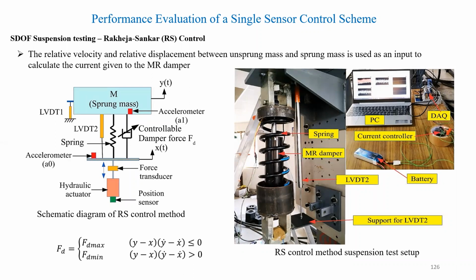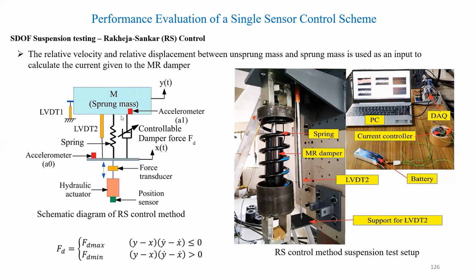But here, it is just like your two-wheeler, because it also has a spring and then this damper, and only this damper they have controlled. This is fixed. They have studied this control behavior. It is a similar problem.